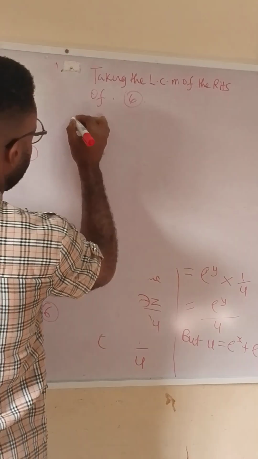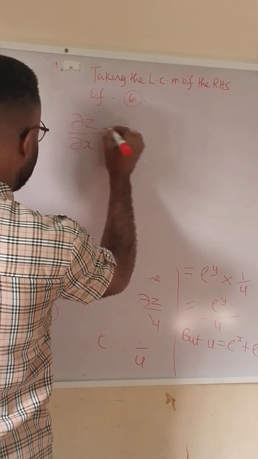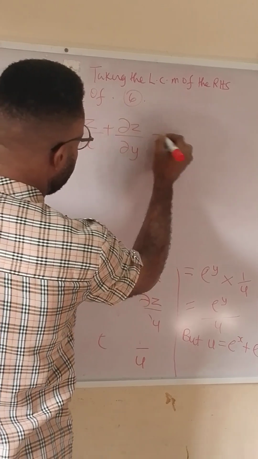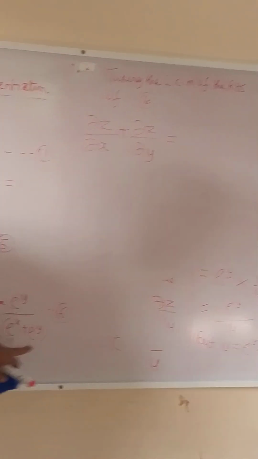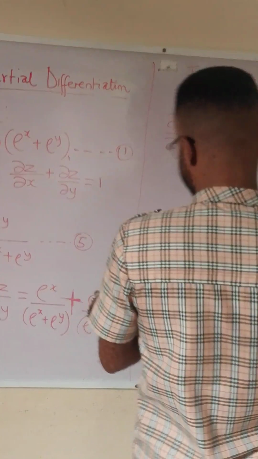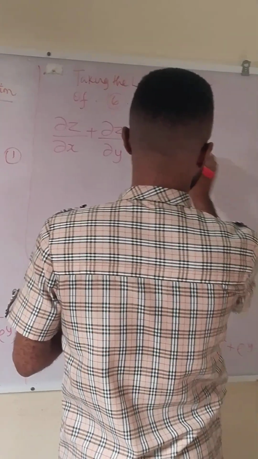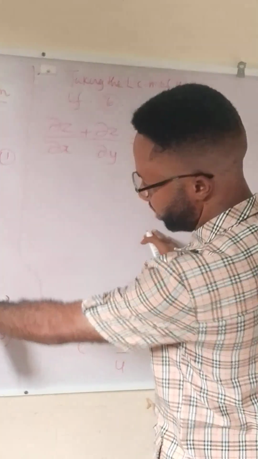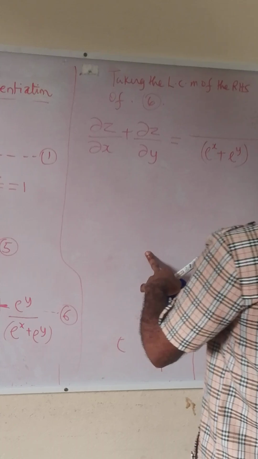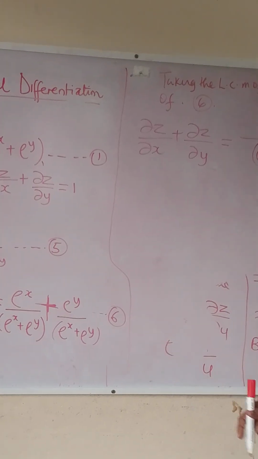When we do that, the partial derivative of z with respect to x plus the partial derivative of z with respect to y is equal to, the LCM of the right hand side, which is e^x plus e^y. Actually, I haven't taken the LCM; they are the same, so the LCM will be the same value.